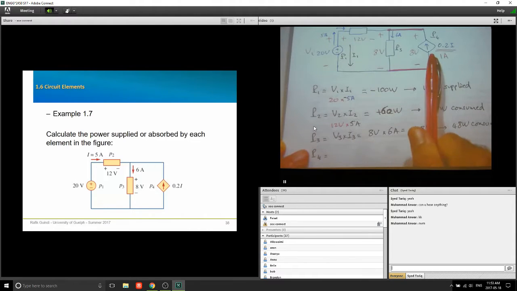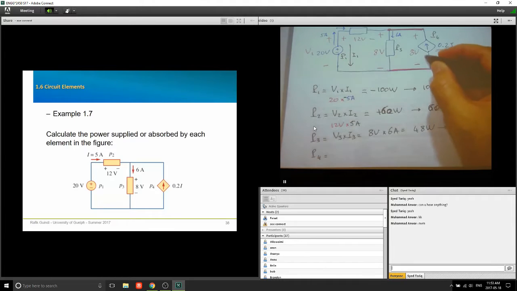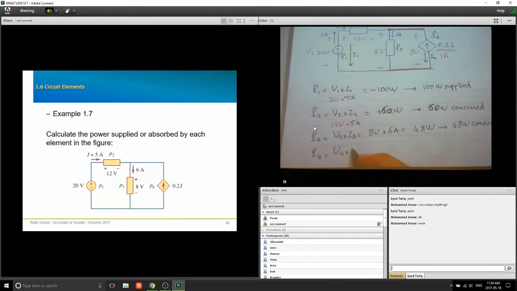Okay, so how about the current? Is it according to the passive sign convention or not? I'm supposed to say this is my current I4, right? So P4 is V4 times I4. V4 is 8 volts, but I4 is the opposite of that.